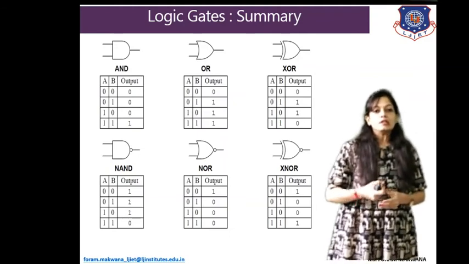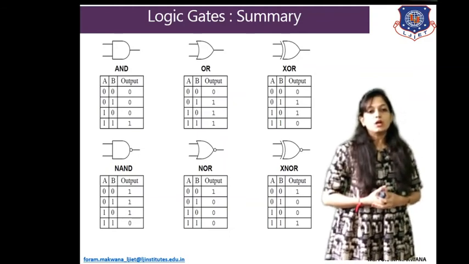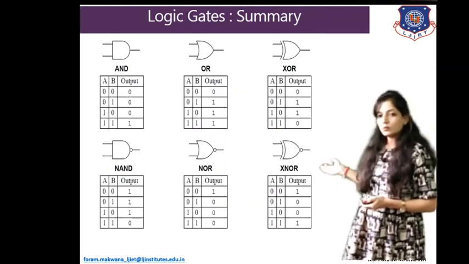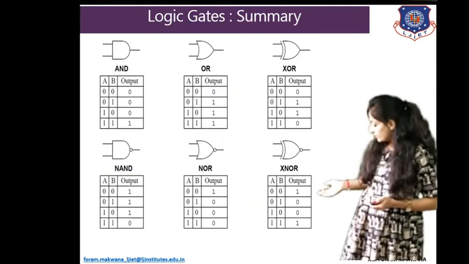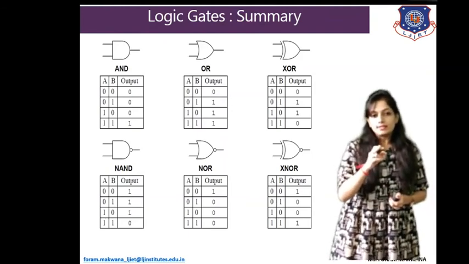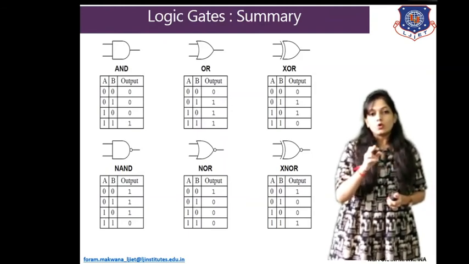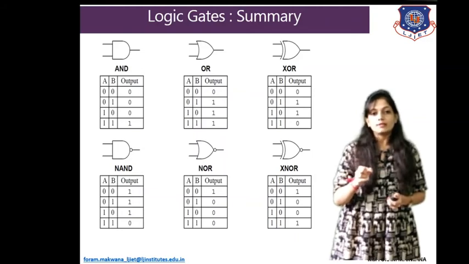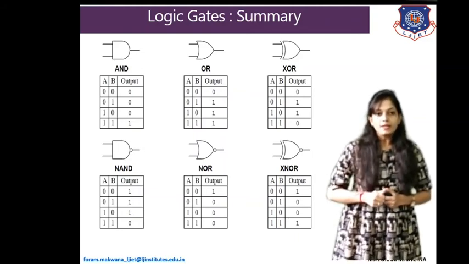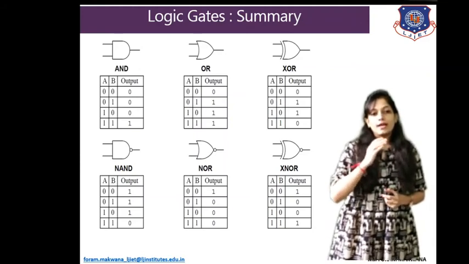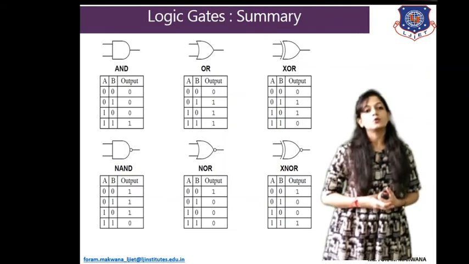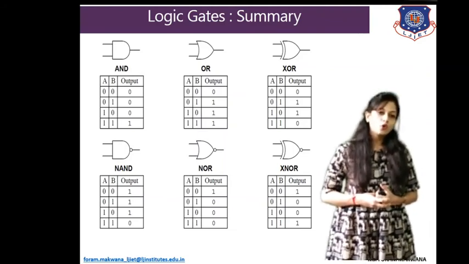So, we conclude the output of NOR gate: as you can see, the output is 1,0,0,0. 0 NOR 0 gives 1, because its output for OR is 0. So, if any of the inputs is equal to 1, then output is equal to 0 for NOR gate.